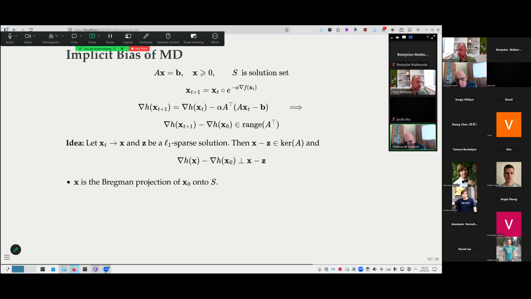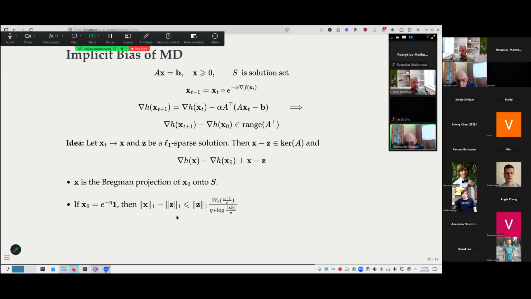So this is just again the same generalization as we have seen. And now, if x0 is initialized very close to 0, to the origin, so eta has to be some large number, then we can show the following bound. So basically the L1 norm of x minus the L1 norm of z is less than some bound. You remember that this is positive, right? Because z is a sparse solution, so x must be greater or equal.